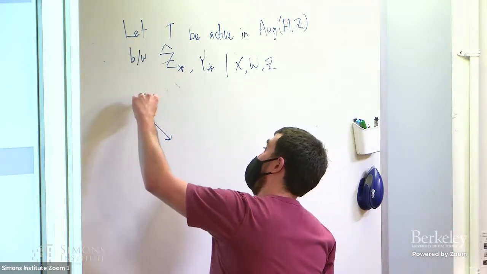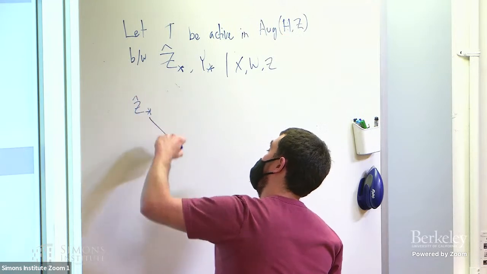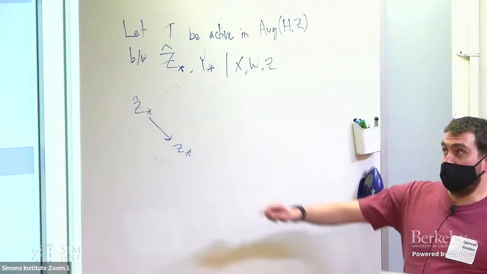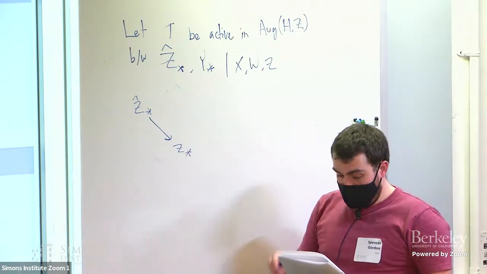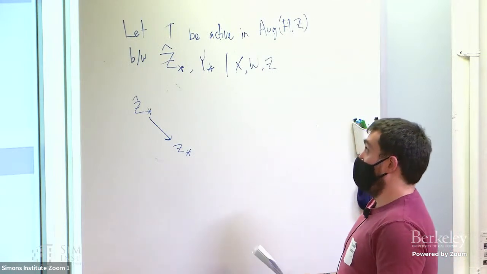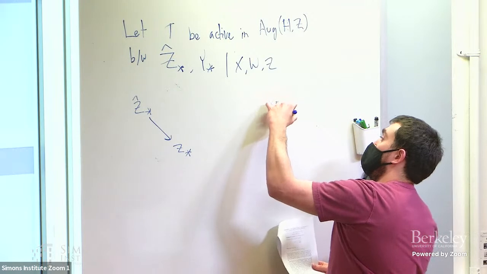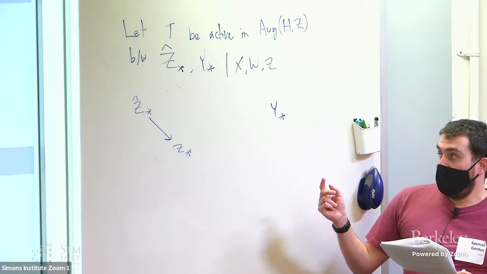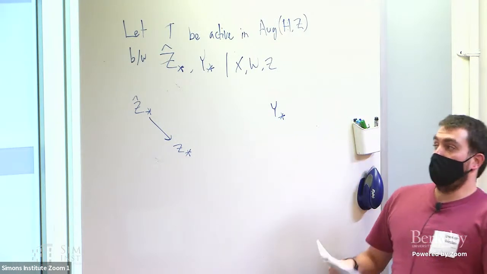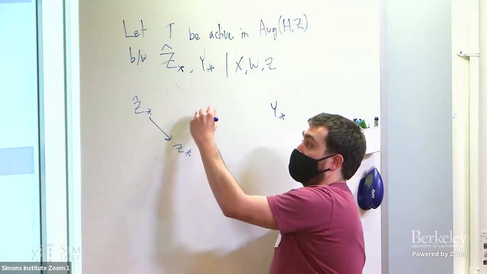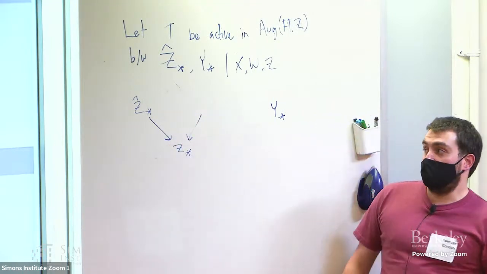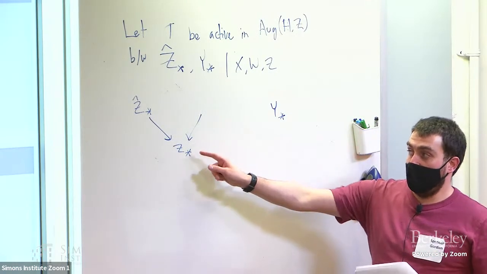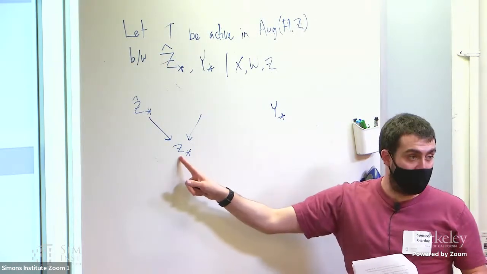It's going to have an edge from Z hat star to Z star, because that's the only edge incident to Z hat star, and it ends at some Y star. Another observation is not only does this have to be the first edge, but the next edge has to be in this direction because, again, there are no edges leaving Z star. So we start off with this collider that is made active by conditioning on Z star.